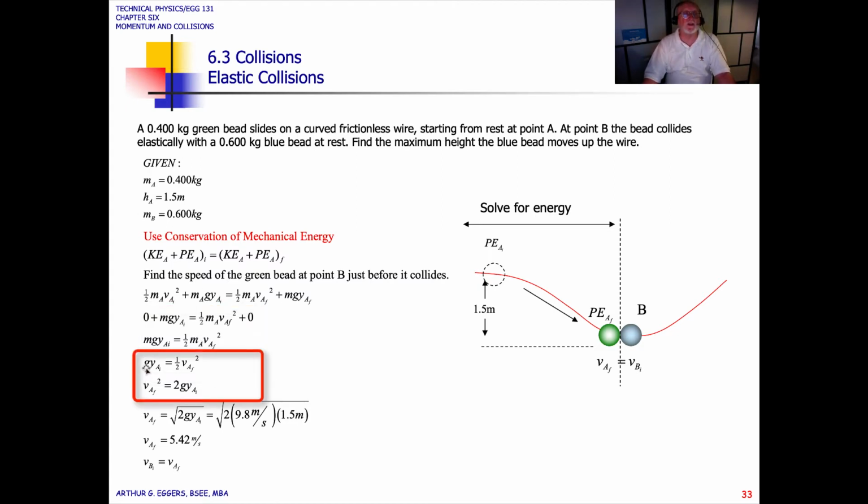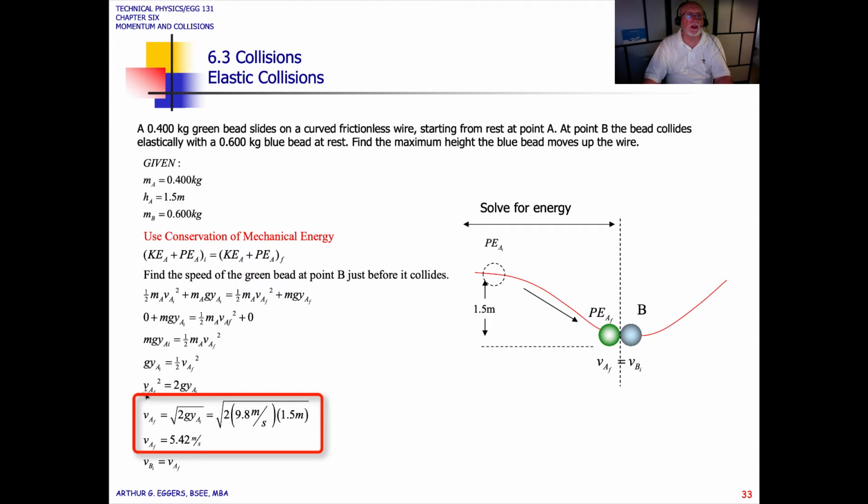So we're left with the acceleration of gravity times the initial height y_A equals 1/2 the velocity v_A final squared. Now let's move terms around so that v_A final, at the bottom, squared equals 2 times g times y_A initial.